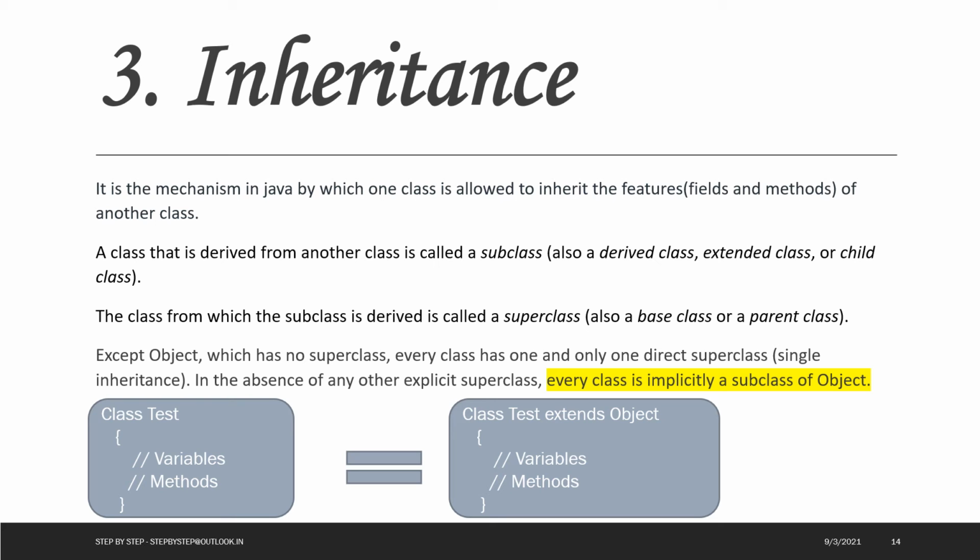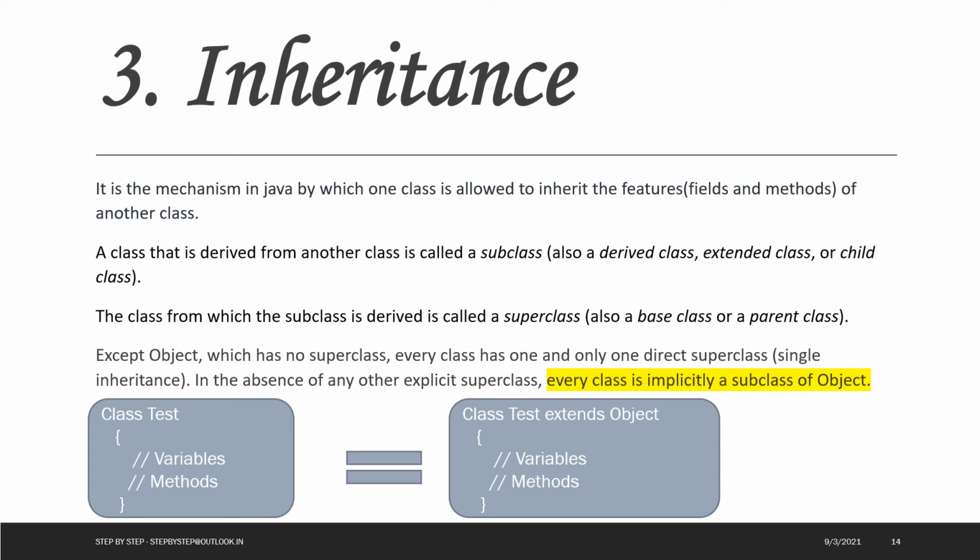In the absence of any other explicit superclass, if you have not written any superclass for your manually created class, then that class is implicitly a subclass of Object. So even if you are not extending your class with any other class in Java, implicitly it has been extended by the Object class.